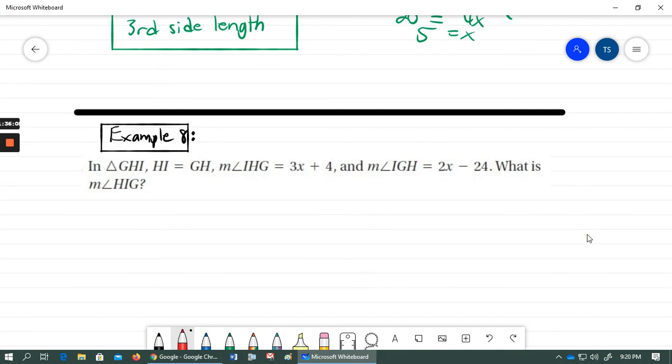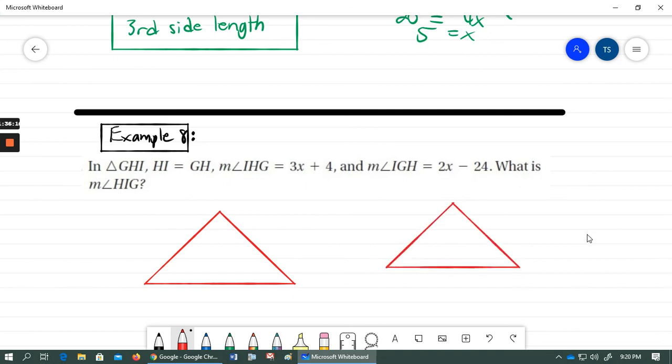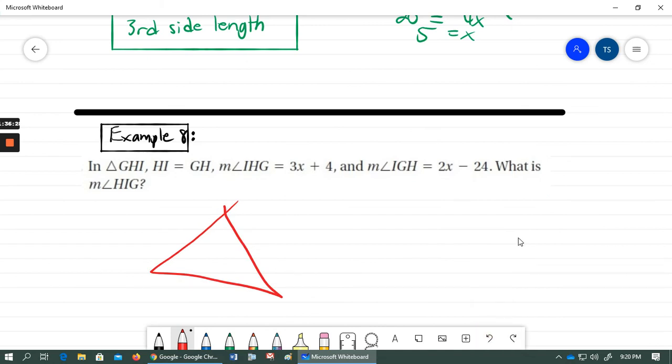Here it says in triangle GHI. So what does that mean? You need to draw out a triangle, any type of triangle, any triangle. It doesn't matter how it looks, whether it looks like what I just drew or anything else. This thing here is making all of these triangles look exactly alike, but it doesn't really matter how yours looks.